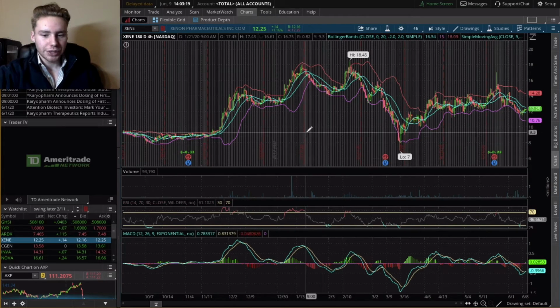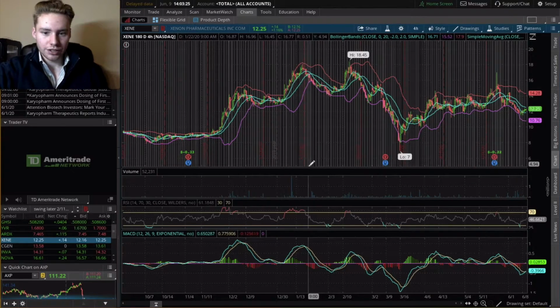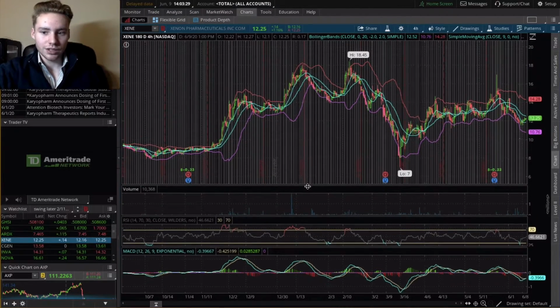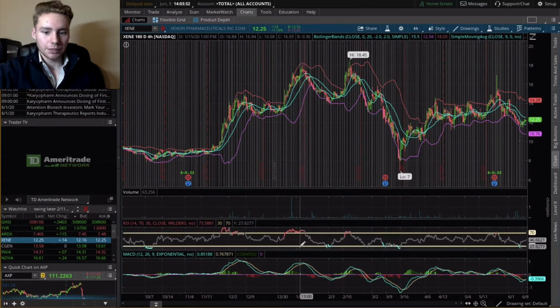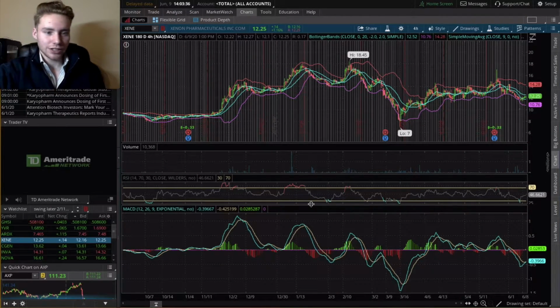But see, the issue here is you're going to want to mangle all these different indicators. It's like you're cooking a stew, and you're going to want to get all the ingredients here, because if you're missing one, then it's not going to taste right.